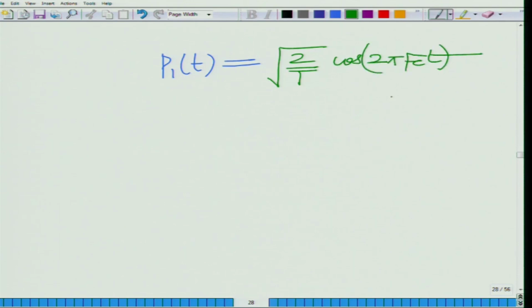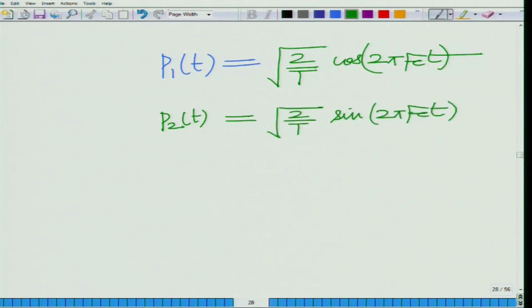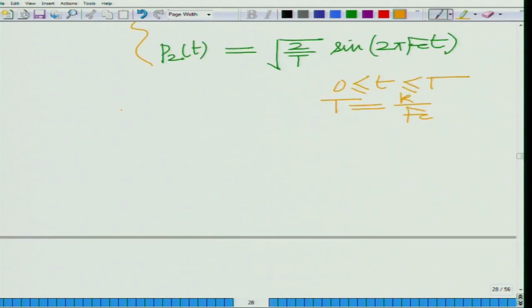P1(t) is square root of 2 over T cosine 2 pi f_c t, plus P2(t) is square root of 2 over T sine 2 pi f_c t, for 0 less than or equal to t less than or equal to T, where T is the duration of the symbol and contains an integer number of cycles, that is the same. P1(t) and P2(t) are unit energy orthogonal pulses, that is, a set of orthonormal pulses.